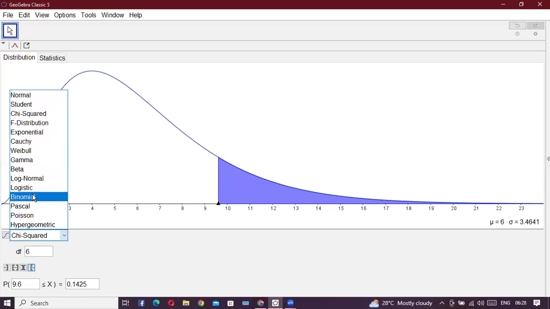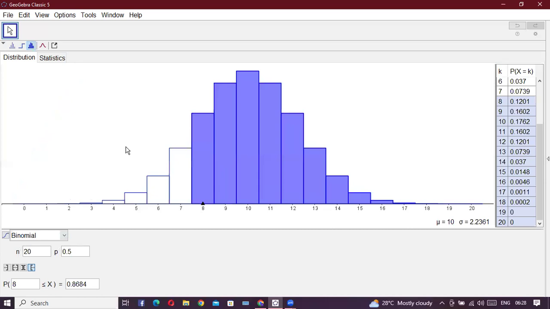So I'm going to select binomial here, and we get this. A little about the binomial distribution: binomial distributions are for discrete data.